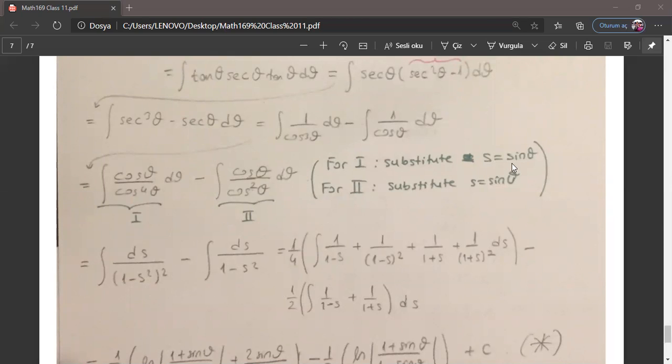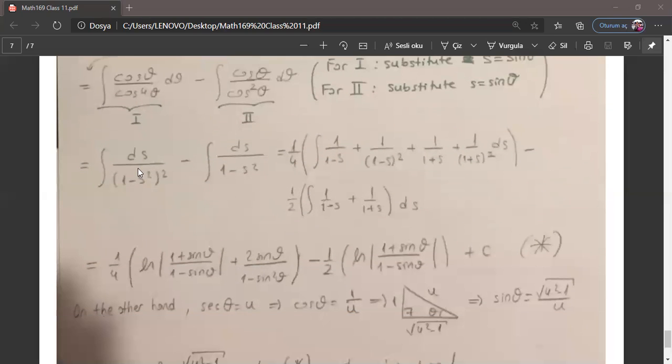In both of them we substitute s equals sine theta. As I said before, by decomposition you get this. Again, don't worry, you will see that. Maybe some of you did already. So we have these ones.